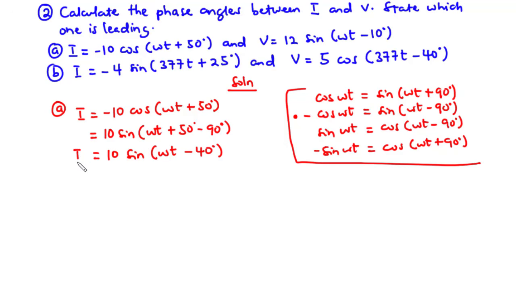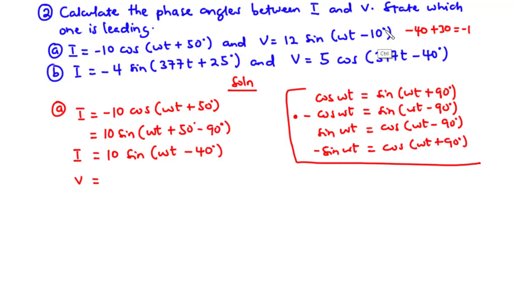So this is I. Now for V, we have V to be 12 sine omega t minus 10 degrees. Now we can represent negative 10 degrees as negative 40 plus a certain value that will be equal to negative 10 degrees. Now negative 40 plus 30 will be equal to negative 10.